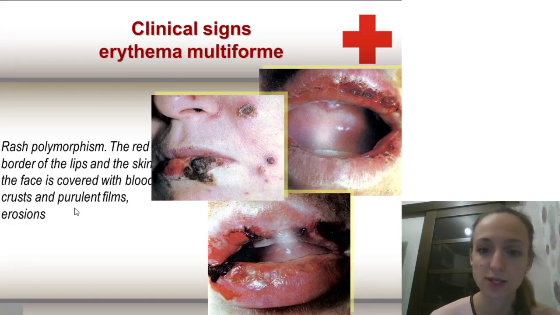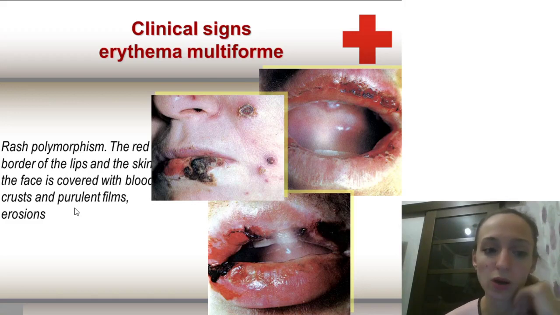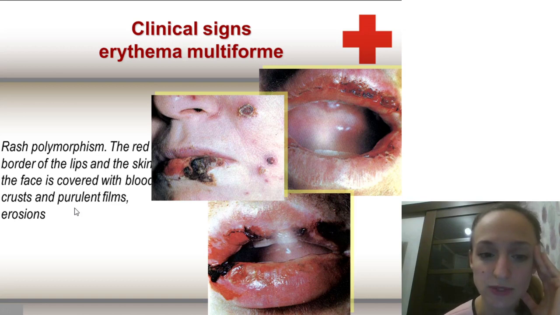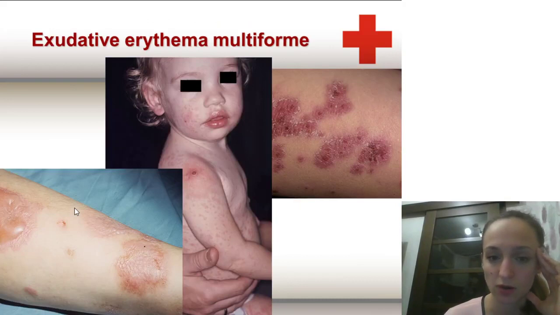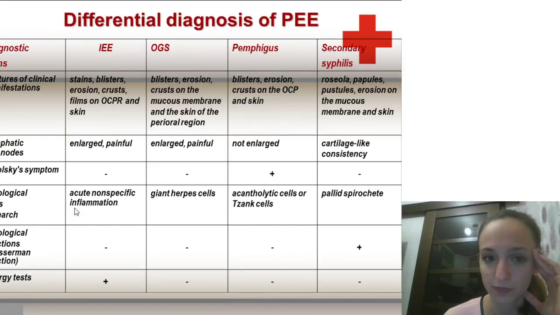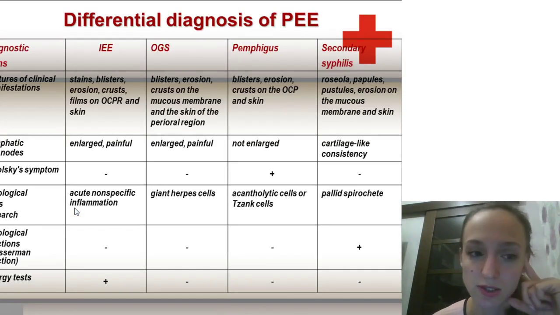Clinical signs, erythema. Rash polymorphism, the red border of the lips and the skin of the face is covered with blood crusts and purulent films and erosions. Also exudative erythema. And differential diagnosis.